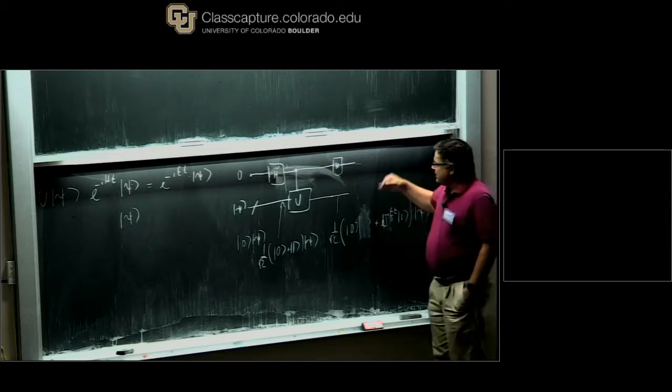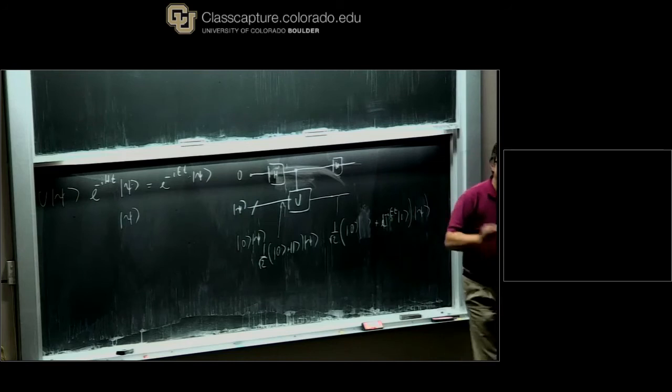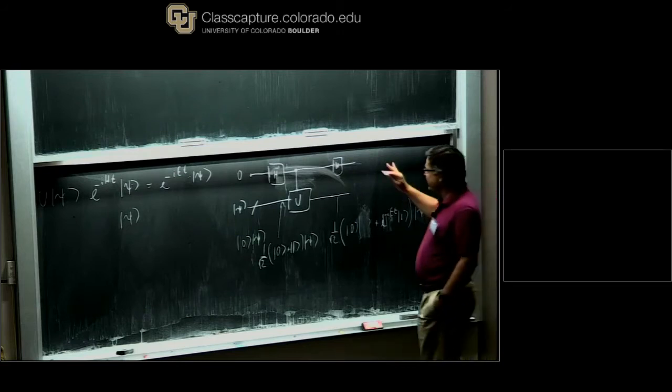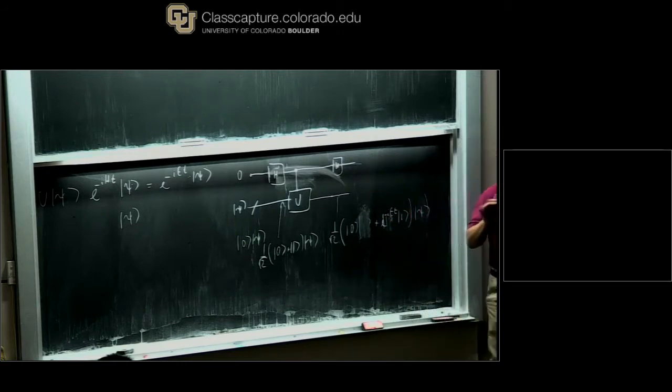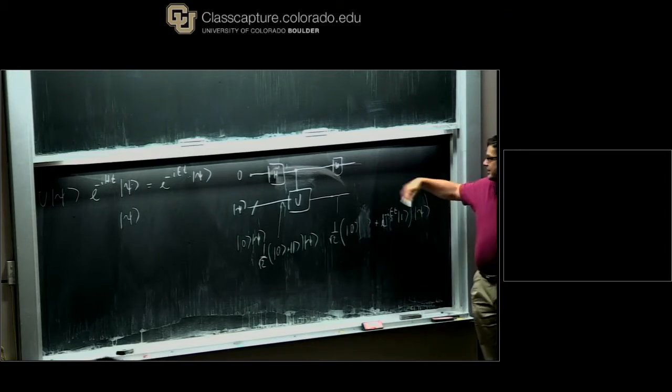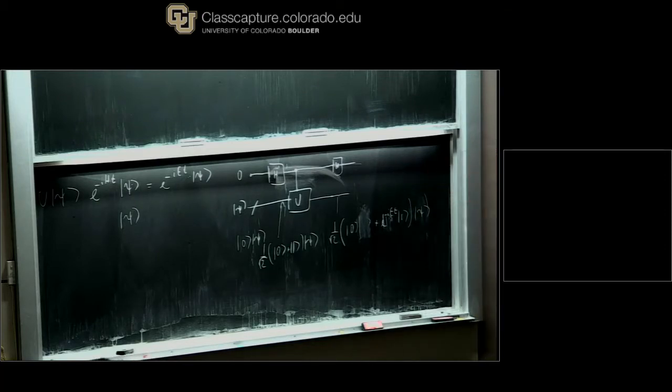So we just measure the phase, and there are many ways of doing it smarter, but that's the basic idea. I get the phase under the evolution. So I may have to run it many times, and then I get one phase locked in.